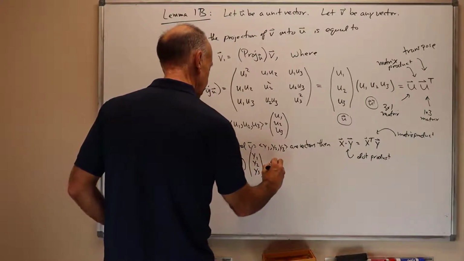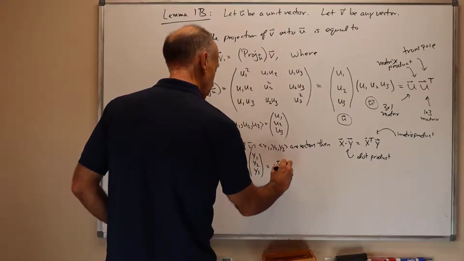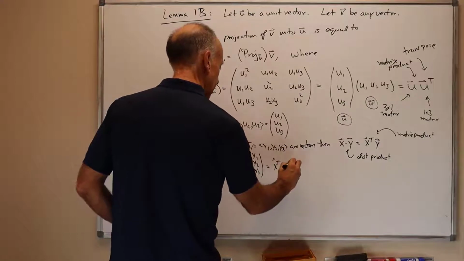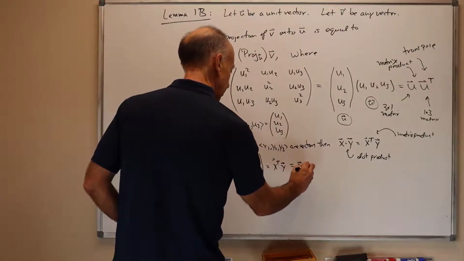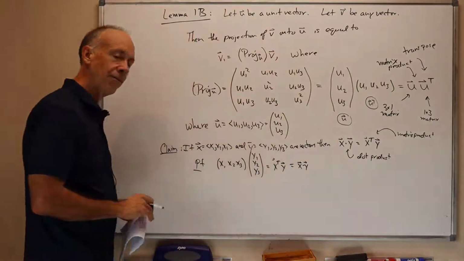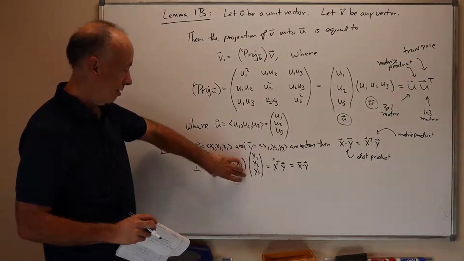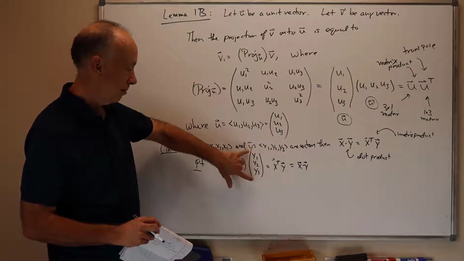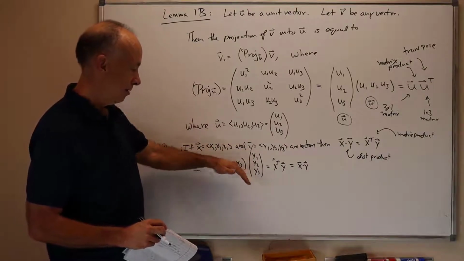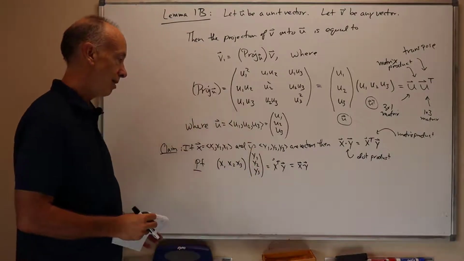This is x transpose y, and that's the same as x dot y if you identify the 1 by 1 matrix with a scalar, because to evaluate a 1 by 3 matrix times a 3 by 1 matrix, you just take the inner product of the row with the column, and we get the dot product.